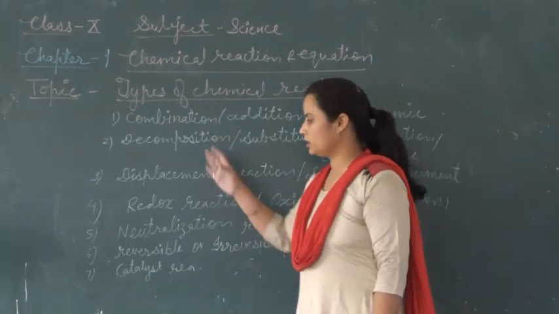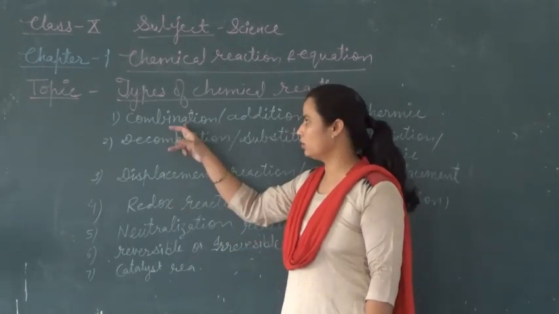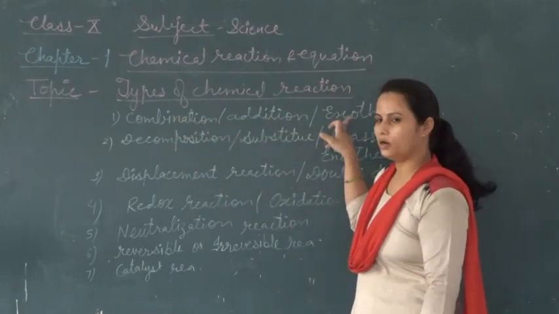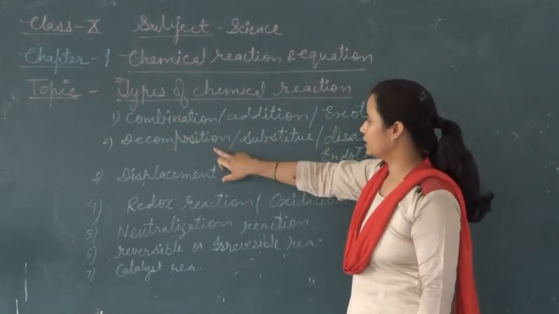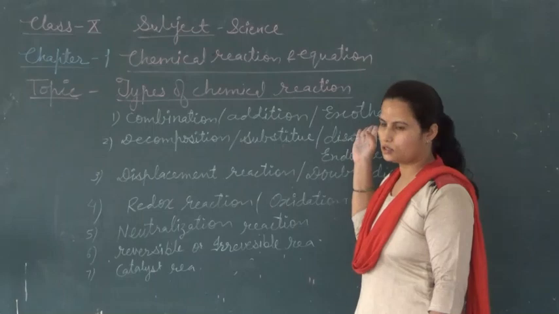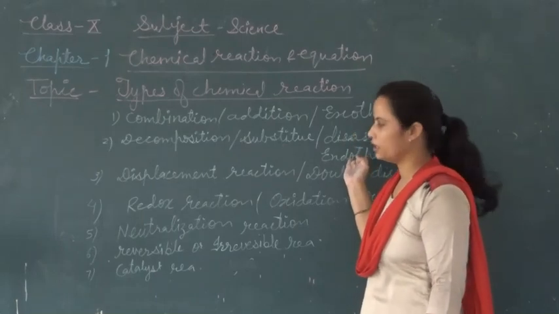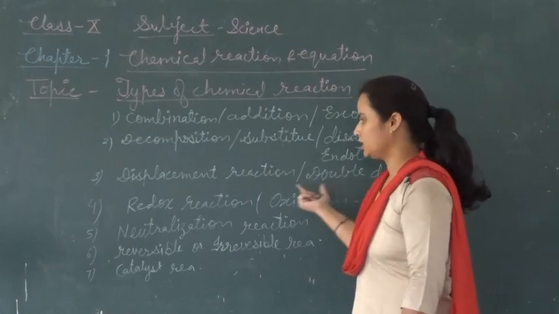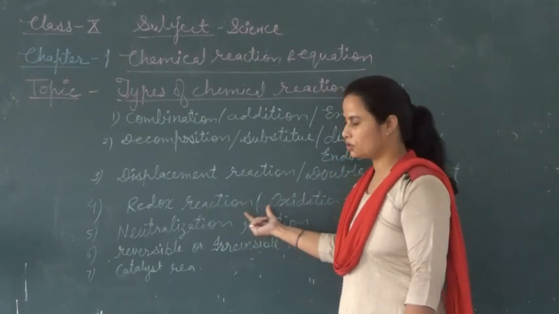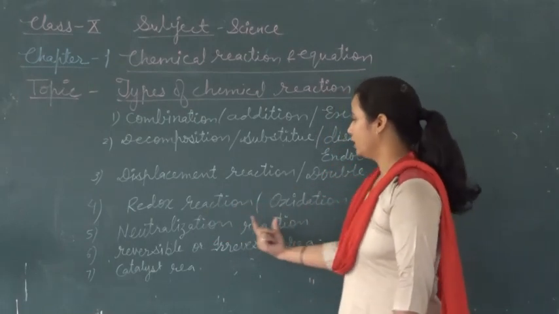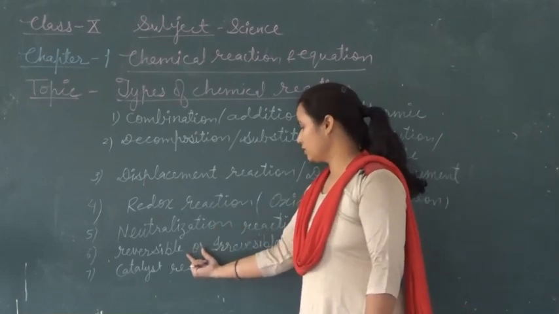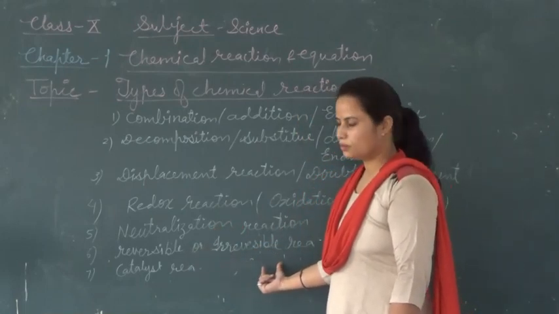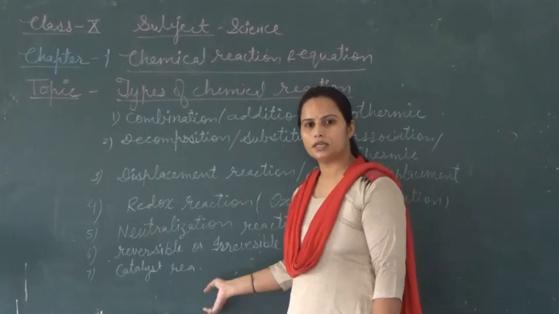So there are actually many types of reaction: combination, addition or exothermic reaction, decomposition, substitution, dissociation or endothermic reaction, displacement reaction, double displacement reaction, redox reaction, called oxidation reduction, neutralization reaction, reversible or irreversible reaction, catalyst reaction.